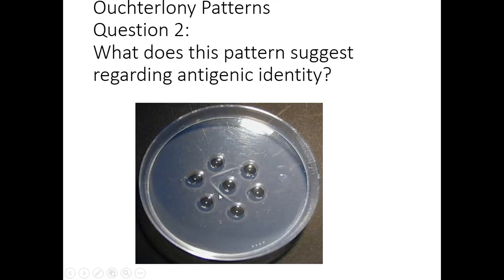An X pattern suggests what? Non-identity. And a spur suggests what? Partial identity. So question number 2 on Ochterlony patterns for your homework: what does this pattern suggest regarding antigenic identity? It suggests identity. The unknown and the known are the same.